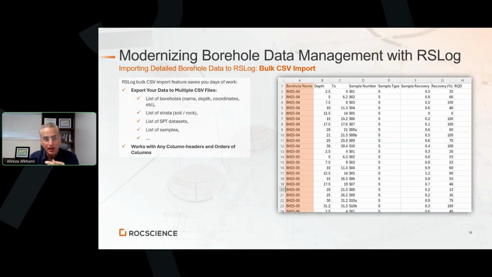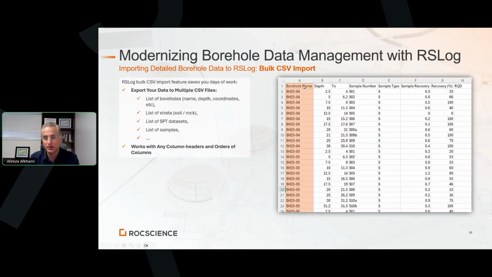So what we did with the bulk CSV import, we offer a feature that you can stick to creating only one file. For example, when it comes to sample data, you can see in this screenshot, this is sample data, like sample depths from and to, and then sample number, sample type, recovery, and so on. But these are not just for one borehole. So the magic here is that you can have a single CSV file.